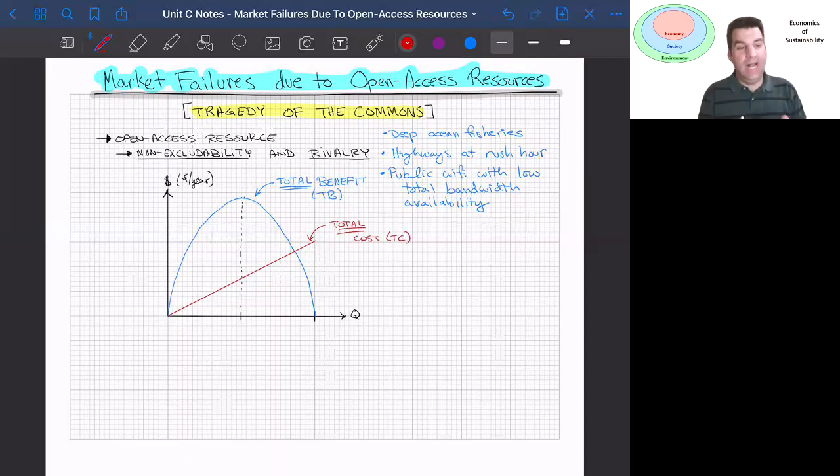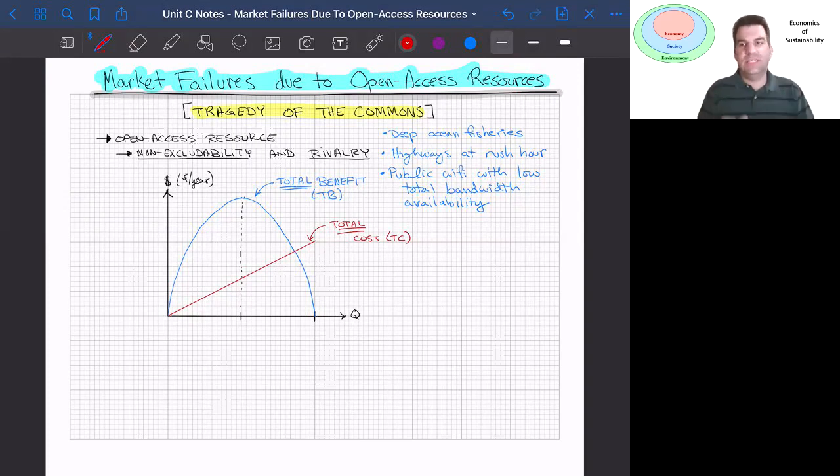Okay, so if I am the only one having access to this resource, we're considering this to be a private good. I am the only one that has access to it, so it is excludable. I can keep anyone out, and it's rival. So, of course, the amount of use I get is going to take away from the amount of use I could get later.